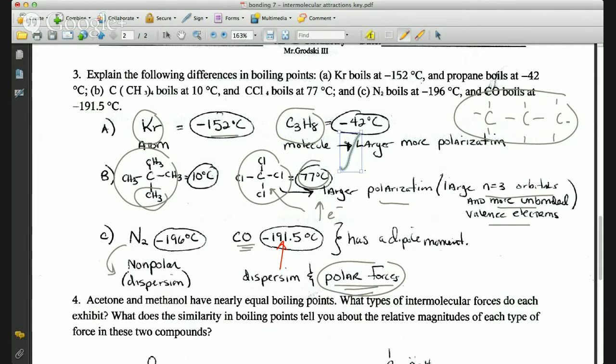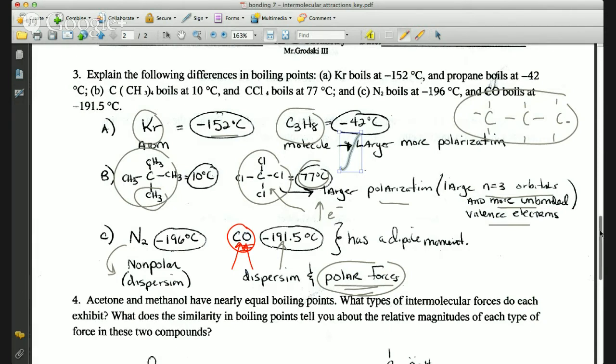Not greatly. The reason why it's not tremendously polar is that there's resonance within this compound, a very complex structure. Because of the resonance, it almost makes this nonpolar. There's a slight polarity here, not as much as you'd expect because of the resonance. But in any case, the extra polar force makes the boiling point warmer.